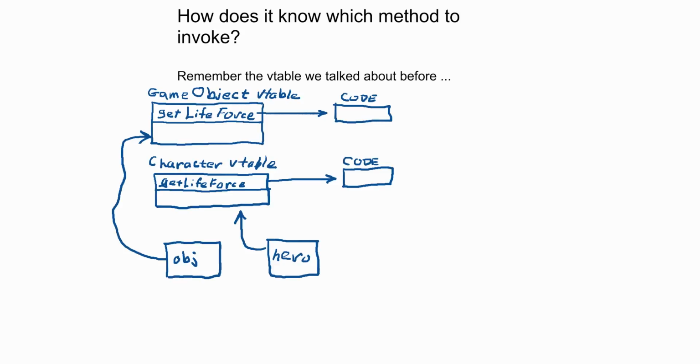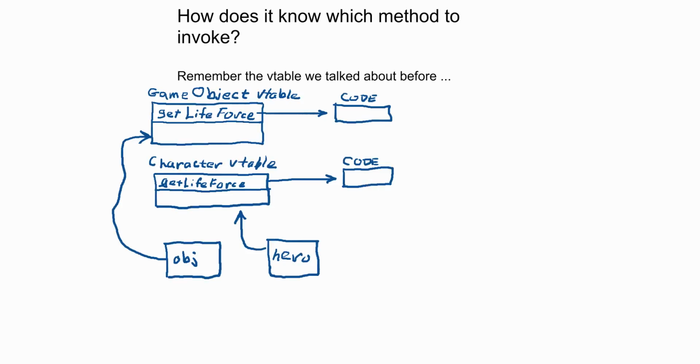So right here, I've created my object, which is a game object, and my hero, which is a character, and every one of these has a pointer to its virtual table. And there's one virtual table for the character class and one virtual table for the game object class. So the hero points to his virtual table, and he looks up get life force there, and it gets a pointer to this code, which executes his.